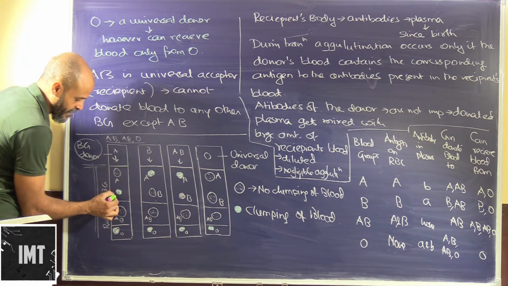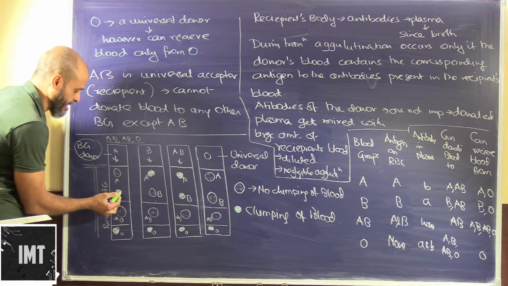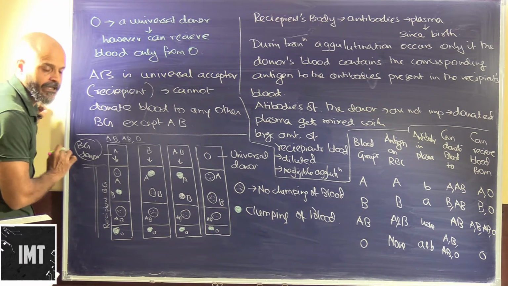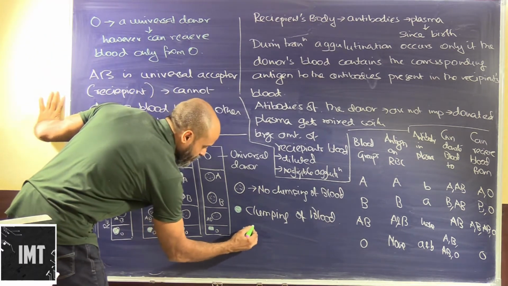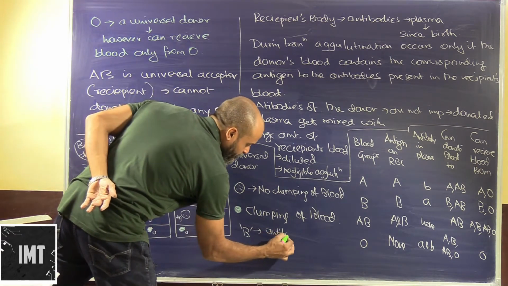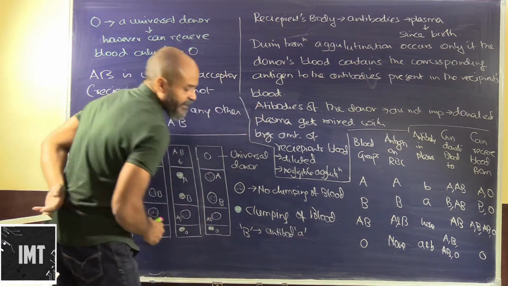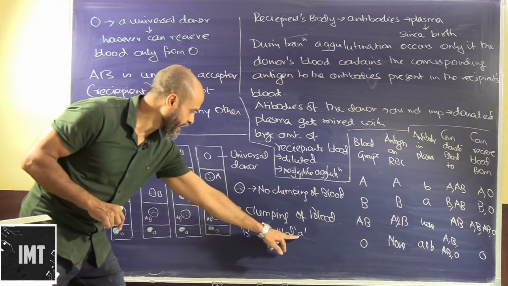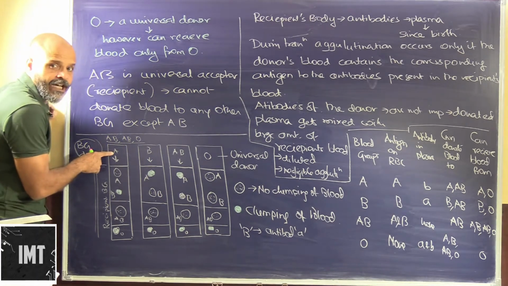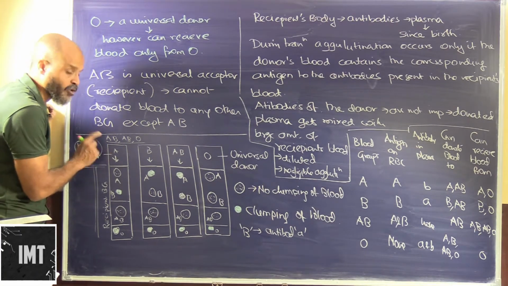So let's say the recipient has blood group B. Blood group B will produce antibody A, and this antibody will react with the antigen carried by the donor's blood.